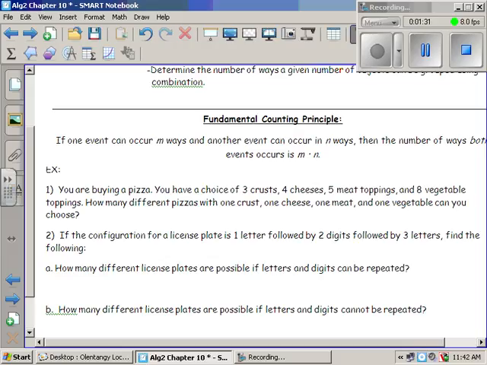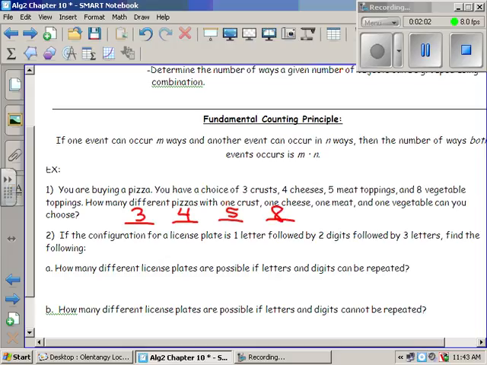So I have pizza where I have the choice of 3 different crusts, 4 different cheeses, 5 different meats, and 8 different vegetables. I'm in charge of the advertising, and I want to know how many possible different pizzas you could make. So there are 3 crusts, 4 cheeses, 5 meats, 8 vegetables.